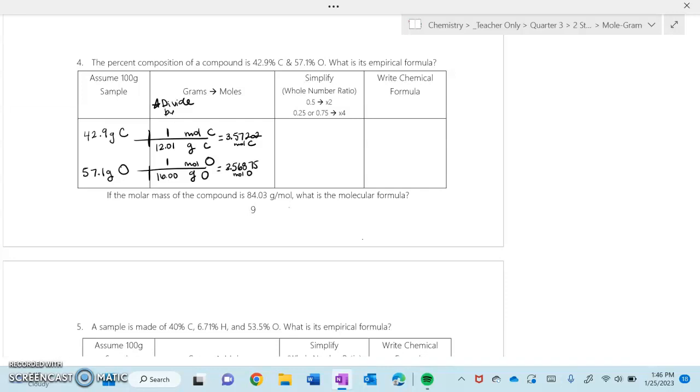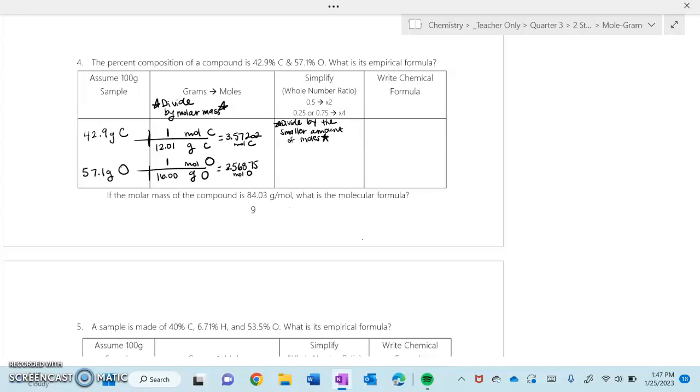Well, first we divided by molar mass. Then our first step in simplifying is to divide by the smaller amount of moles. You're going to divide all of your moles by that smaller amount. This seems kind of generic and arbitrary, like, why am I doing this?